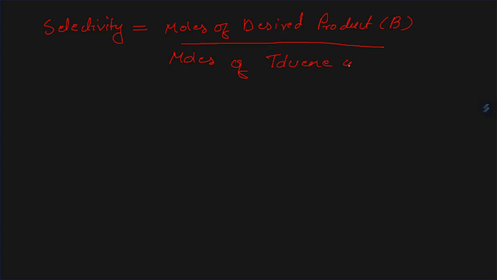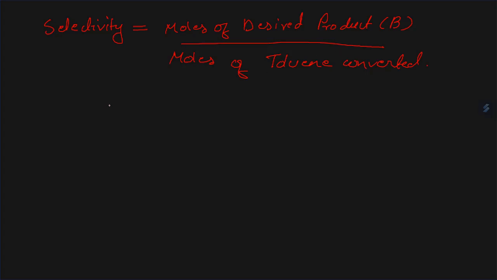There are various definitions for selectivity, but selectivity is generally given by moles of desired product, here benzene, upon moles of toluene, which is the limiting reactant here, moles of toluene which are converted.